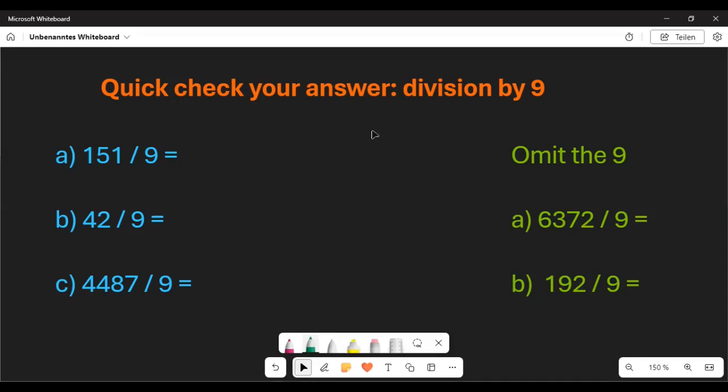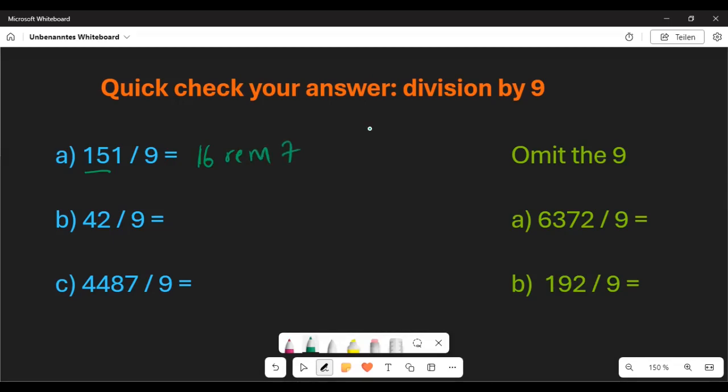So we have here 159. 159 divided by 9 will give you 16, but of course we'll have a remainder of 7.